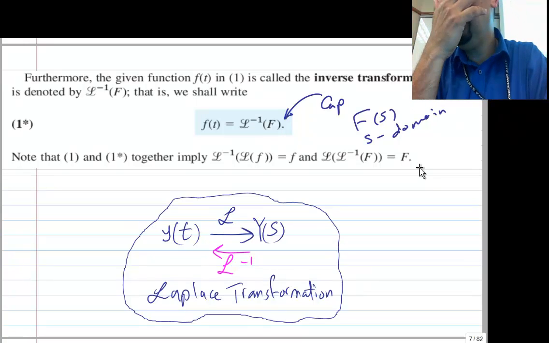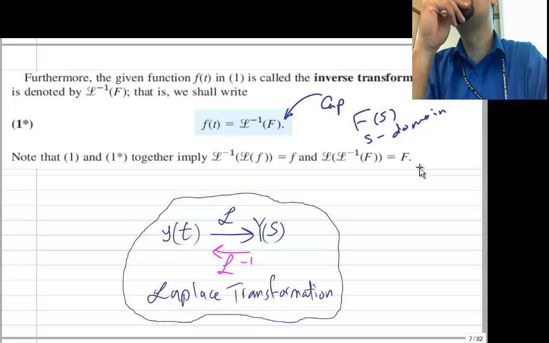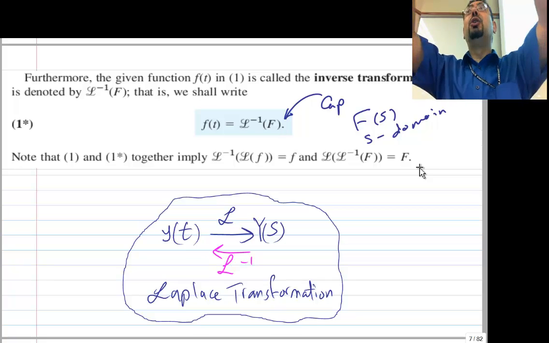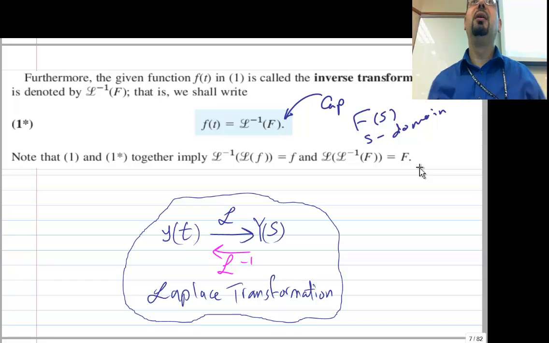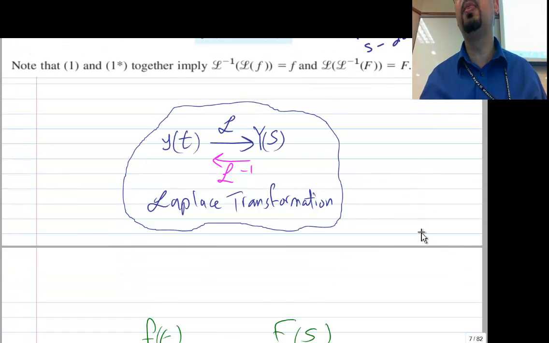So you use the exact same table, except once you're going back, you look in the f and t column and find something. So those tables work both ways basically. But let's see some of the transformations, and we'll answer this question one more time.